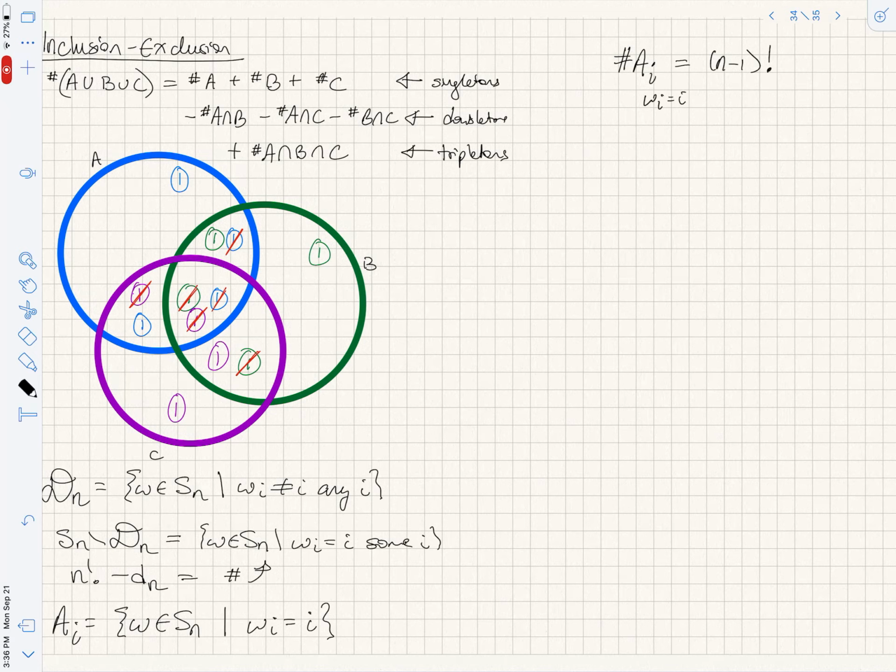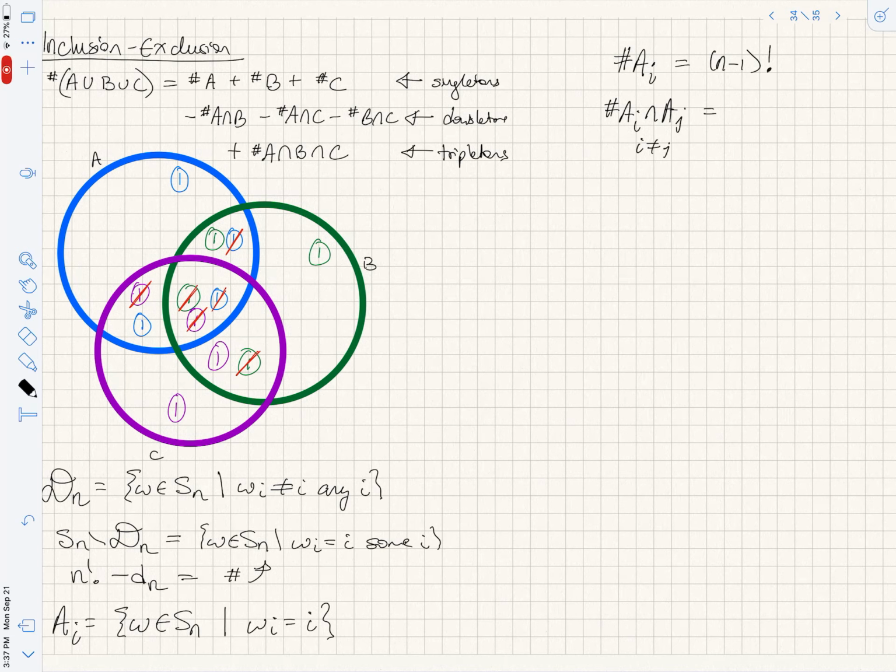Because I fixed the letter i, but for all the rest of the j's, w_j is free. So I only have one constraint, so I've narrowed that down, and now I have n minus 1 other things to do. Okay, great. What about intersections? Can I count intersections? Well, let's try it with 2. What's A_i intersect A_j? And I'm assuming that i is not equal to j.